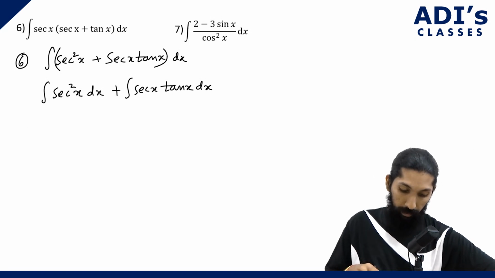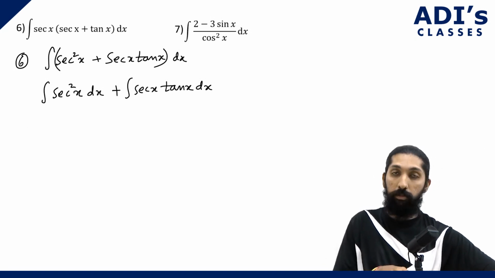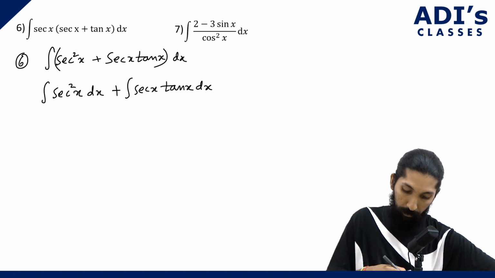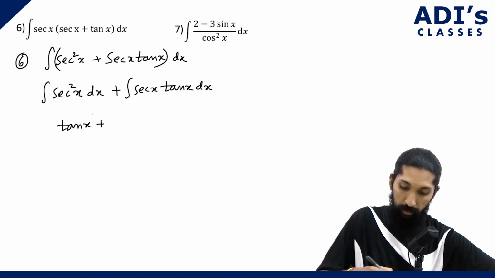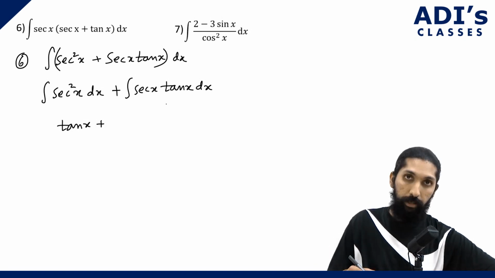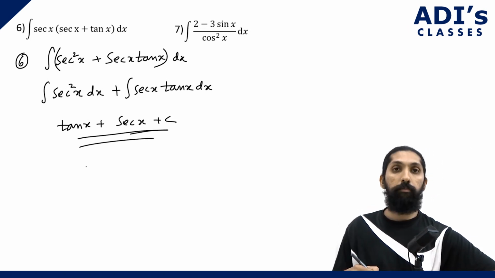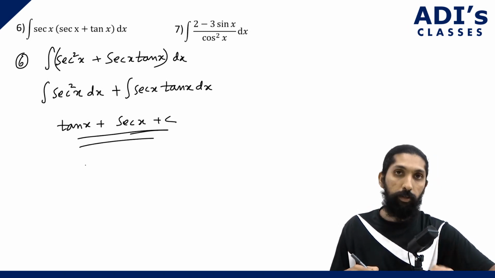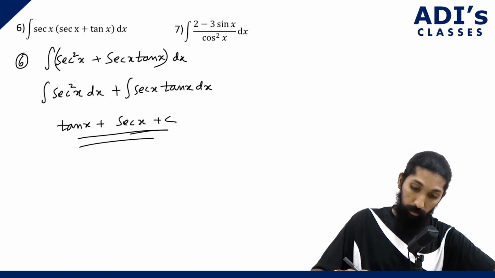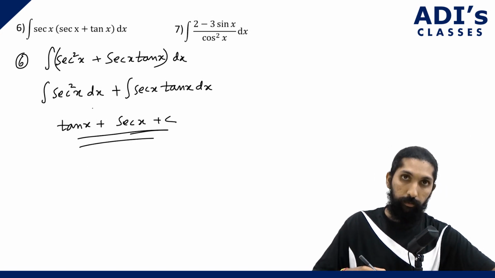Now the integration of sec² x is going to be tan x. So this is going to be tan x plus sec x tan x integrates to sec x, plus c. That's all. Very, very simple trigonometric function. Let's do the last one, that is the seventh one.